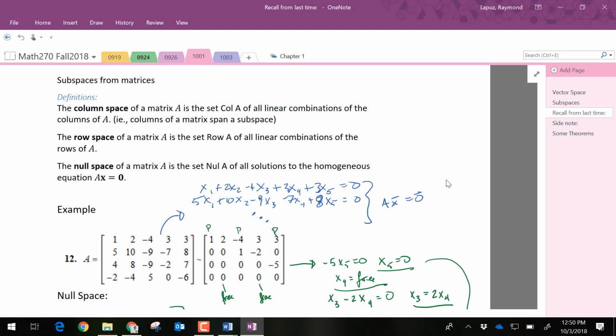The null space, as an aside, is sometimes called the kernel, K-E-R-N-E-L. And if you do more math, you'll see the word kernel pop up in a bunch of different places.